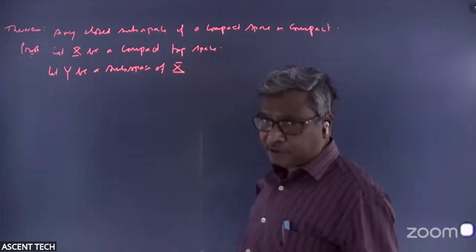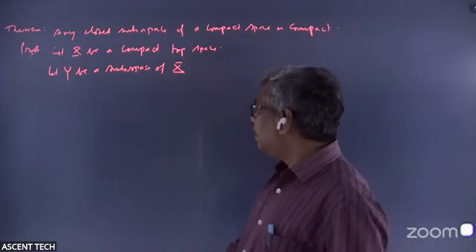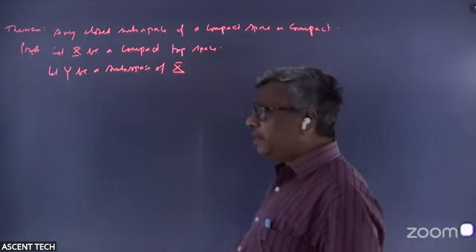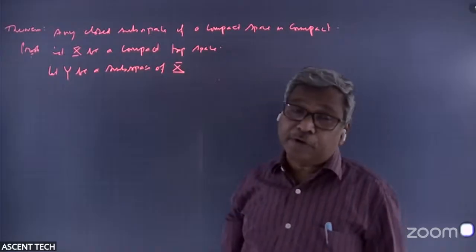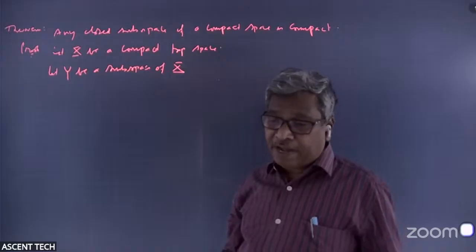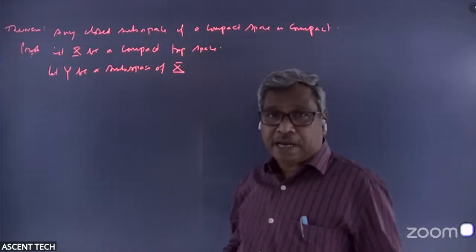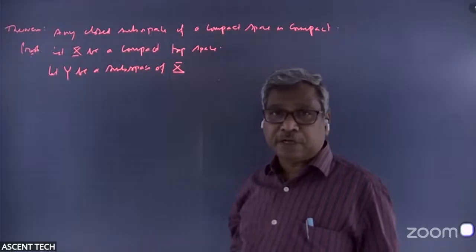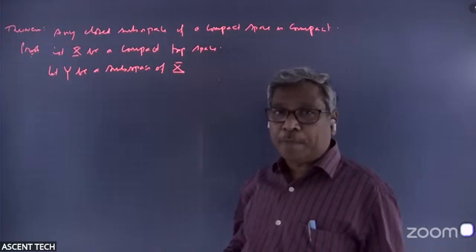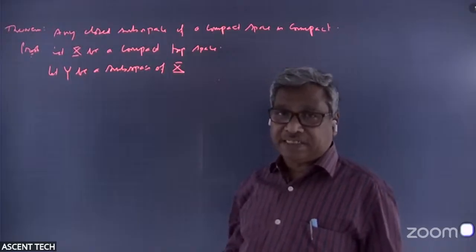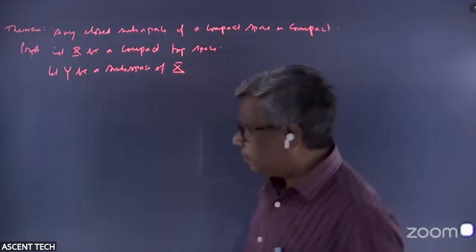For the present, I'm not talking about that. So if I take a closed subspace Y of a compact space X, Y has to be compact. To show Y is compact, you have to show that Y, with the topology it already inherits from X, is compact. That means every open cover of Y in that topology admits a finite subcover.